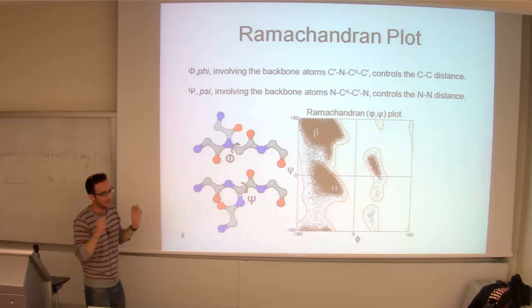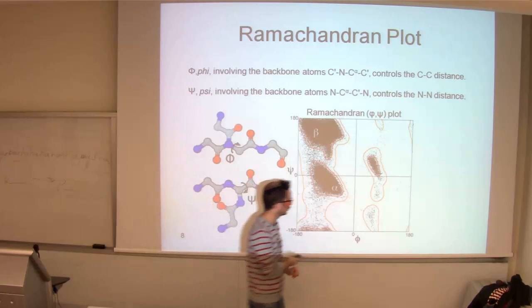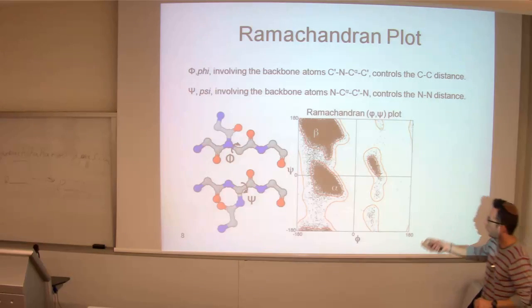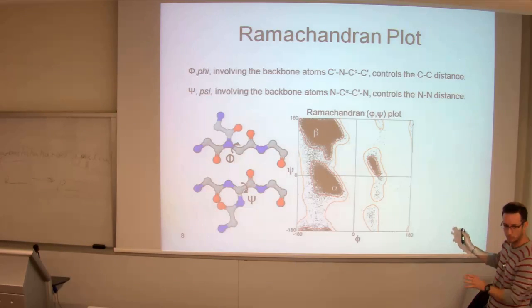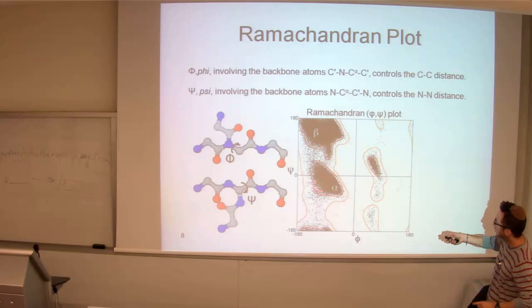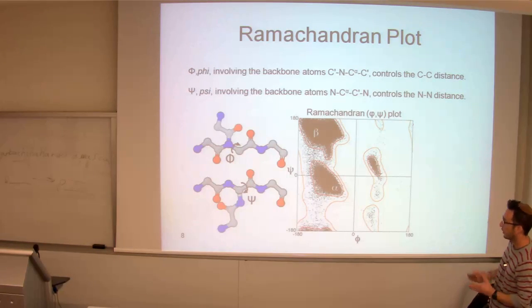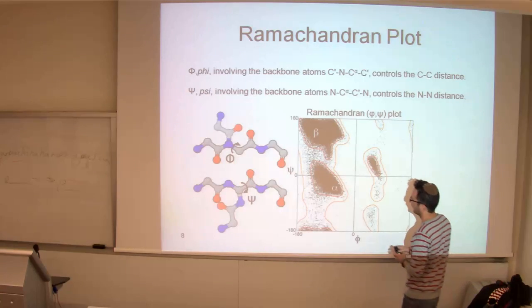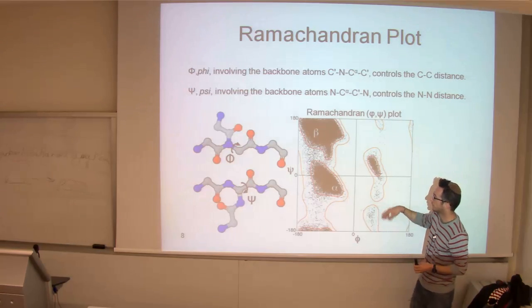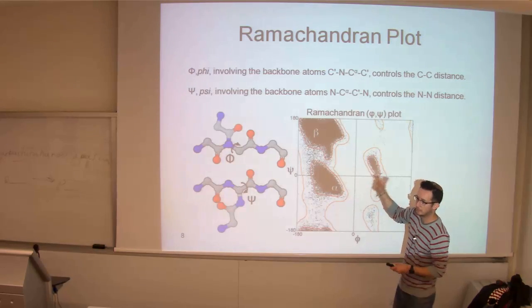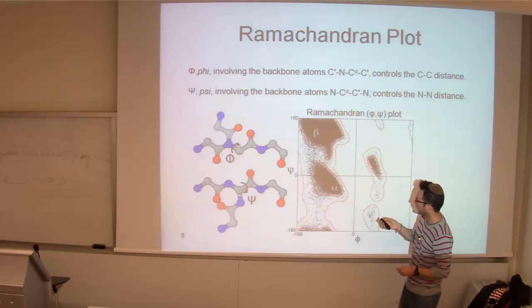Now if we take a lot of proteins and each time calculate the phi and the psi, and plot one as a function of the other in a scatter plot, we get these distinct islands. And what are these islands? They're actually the angle values of the amino acids participating in an alpha helix and in a beta strand.